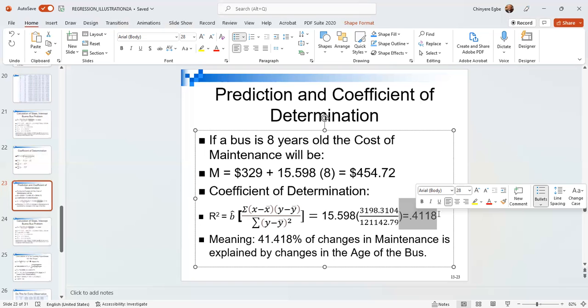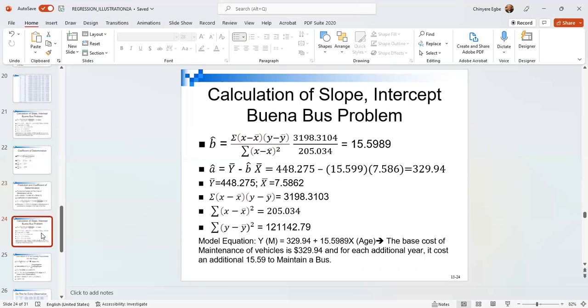How many miles that you put on the vehicle, okay, per year, could be a factor. And so there are other factors that affect maintenance costs. But at this level, we are still dealing with simple linear regression where we're dealing with only one independent variable, okay? From next week, we're going to get into multiple regression. So you will see this example again with multiple variables. All right.